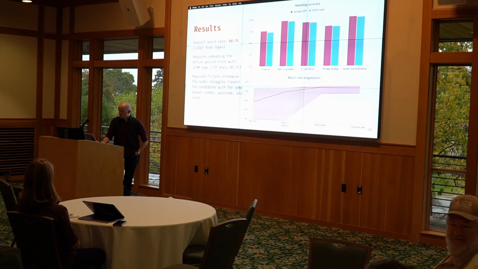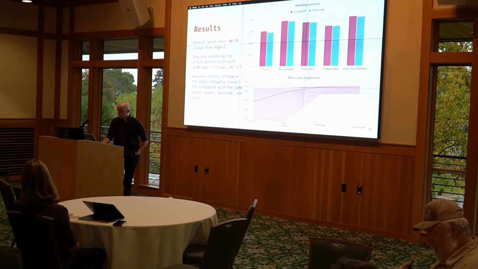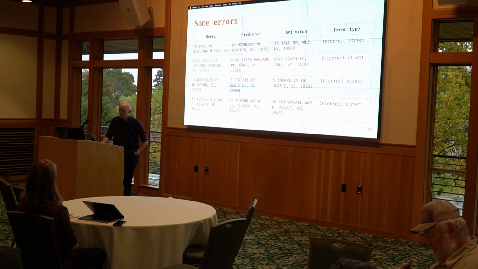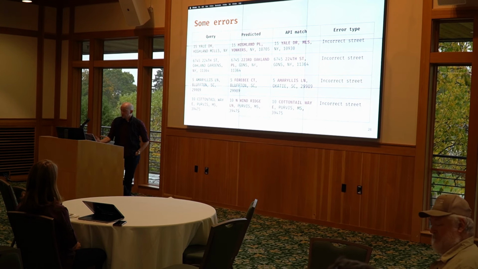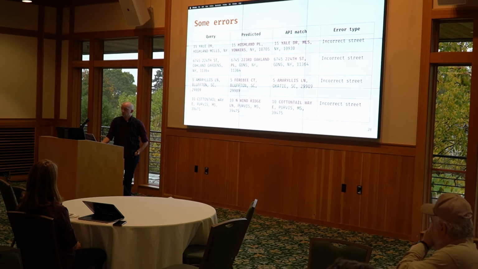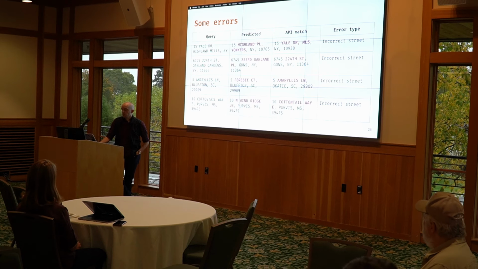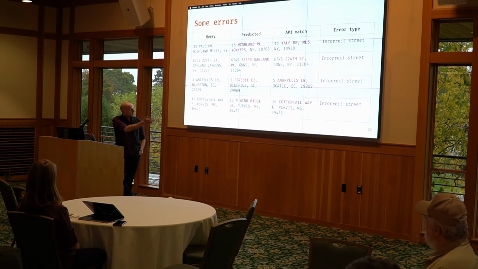So it's a significant improvement, but it still feels a little bit too complicated, and so we're going to see if we can do something better. As far as the errors go, the main error we're dealing with now is the wrong street, because we're forcing the house number, the postcode, and the state to be the same. So the issues that we're dealing with here are all incorrect street.